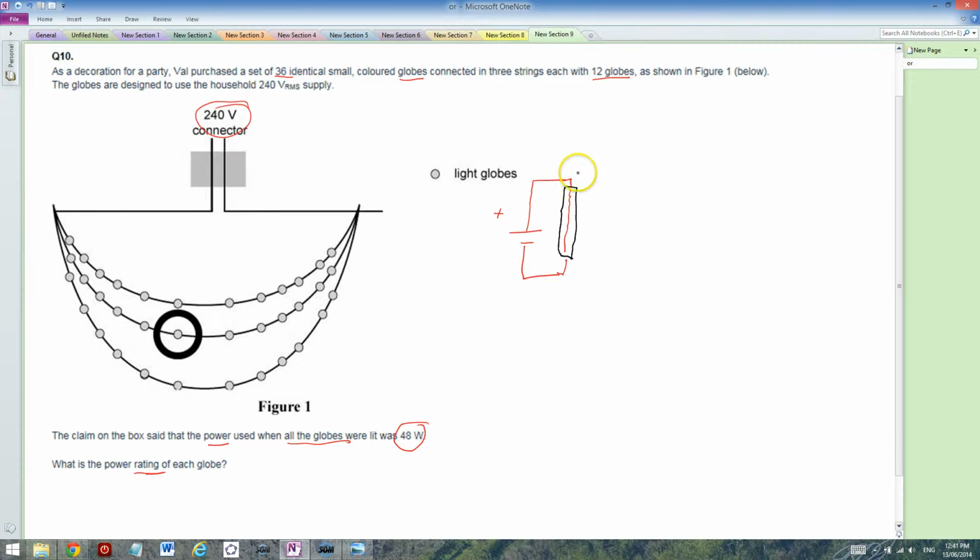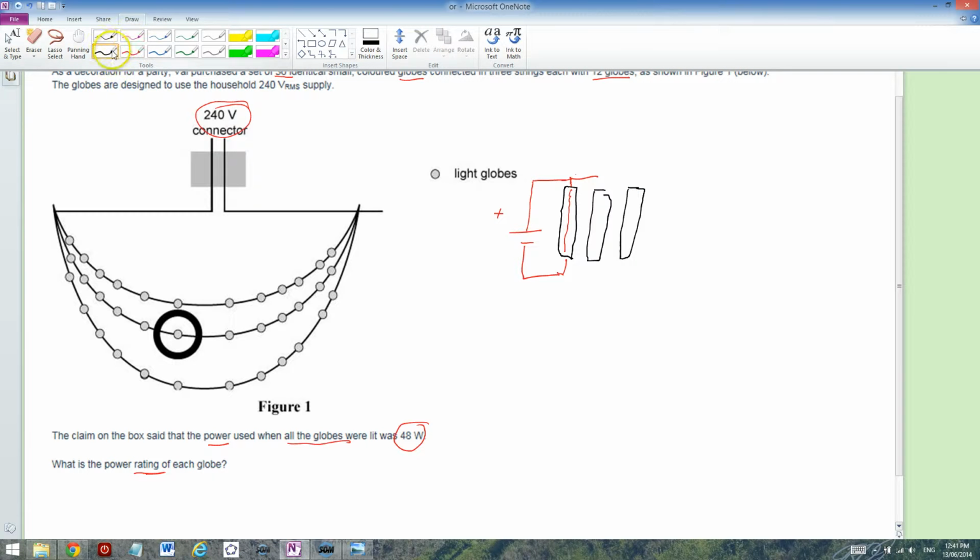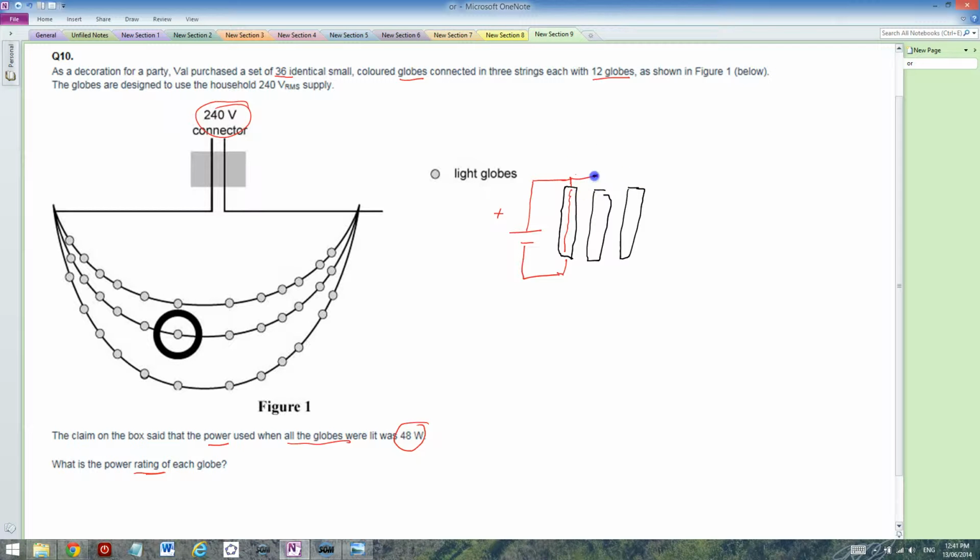If I draw the next string, I have another string here, and another string here. So using what we learned in electronics, this is a parallel circuit. So what's happening is current comes here and, well, let me write it down.